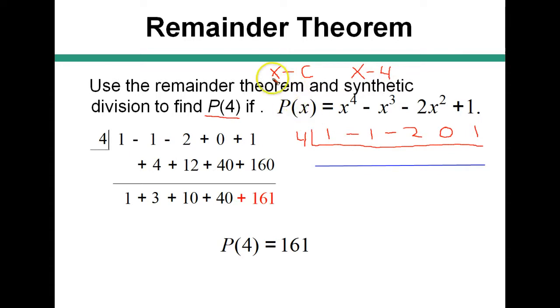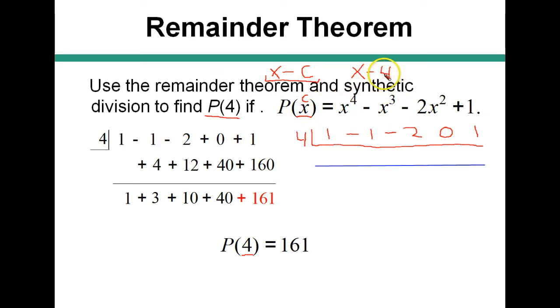So basically, here is our divisor, so to speak, and it's the opposite of C. So remember, this is going to be what our C term is. And what will our C term be? Well, if this is what it was originally, our C term is going to be a 4. So this is what they're telling us. Our C term is 4. Now it would be divided by x minus 4, and now we're setting it up in synthetic division.